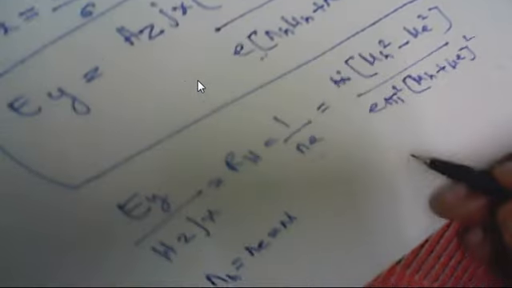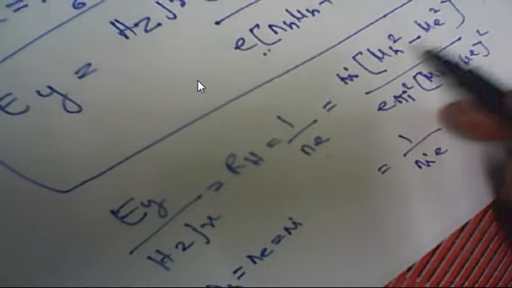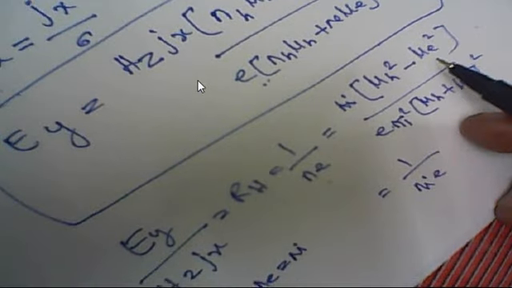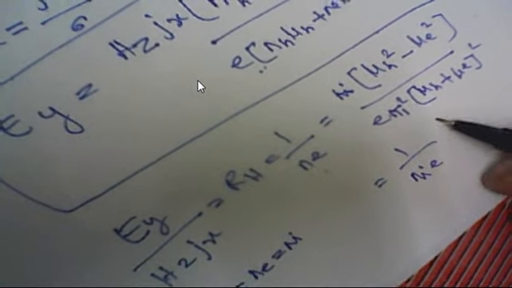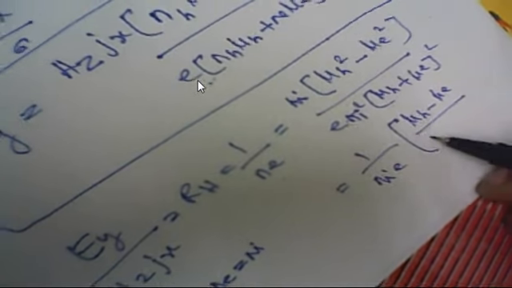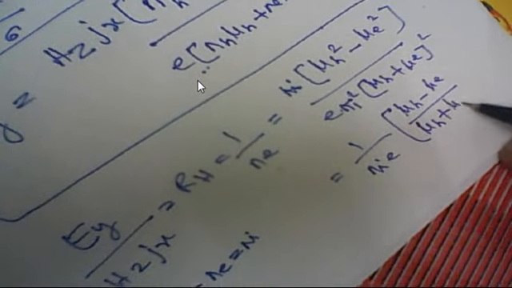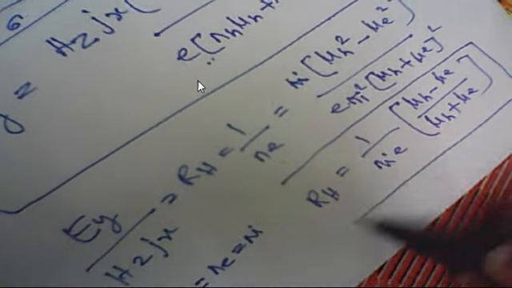Ni cancels, so we can write it as 1 over Ni e into (μ_H minus μ_e)(μ_H plus μ_e) over (μ_H plus μ_e) squared. So (μ_H plus μ_e) cancels, and we can write it as (μ_H minus μ_e) divided by (μ_H plus μ_e). So the Hall constant for an intrinsic semiconductor is given by 1 over Ni e, where Ni is the intrinsic carrier concentration and e the charge, into (μ_H minus μ_e) by (μ_H plus μ_e), the mobilities of the holes and the electrons.